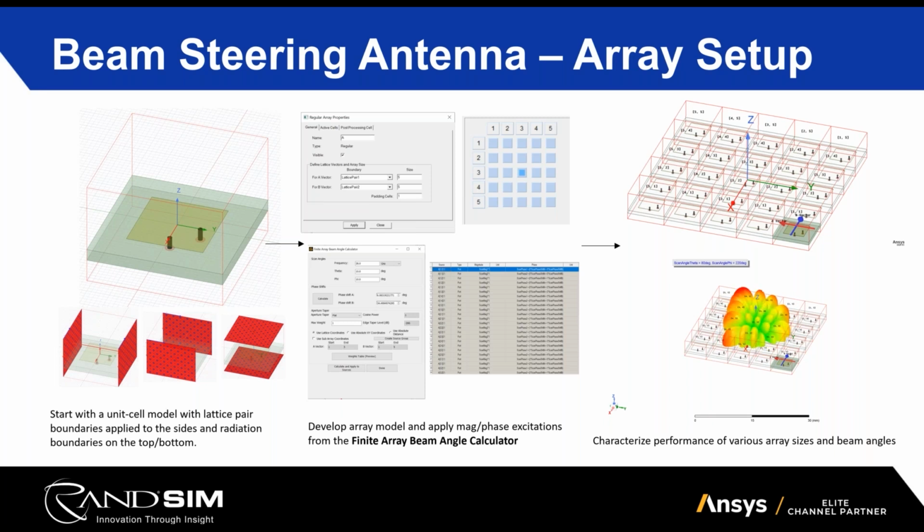Depending on how we apply an excitation stimulus to each of them, the magnitude and phase of the signal that we apply to each of these elements is going to be different and unique to each one. By doing so, we are able to generate a much more directional beam with higher gain that also has the ability to be steered by applying the different phase shifts associated with it.